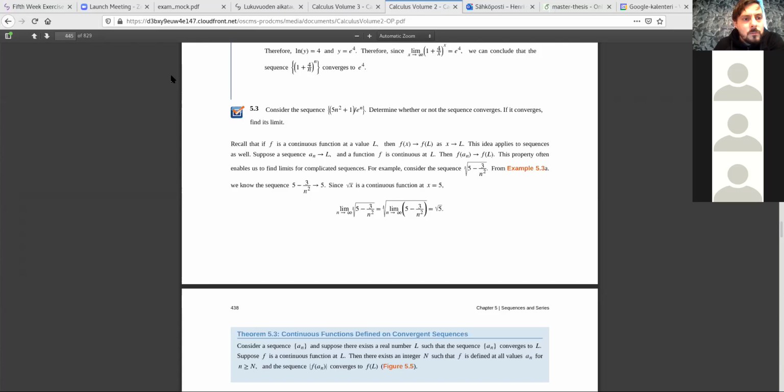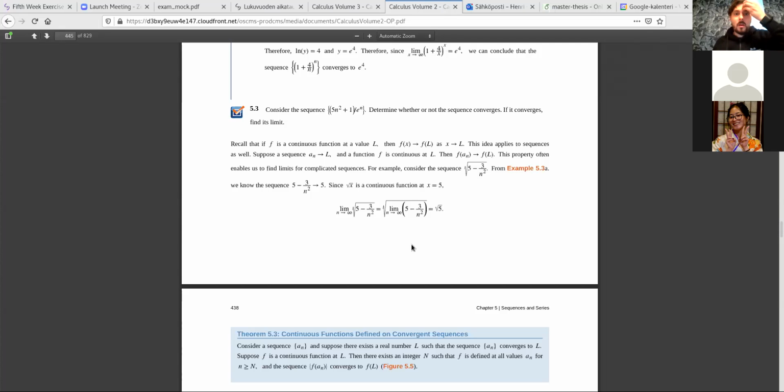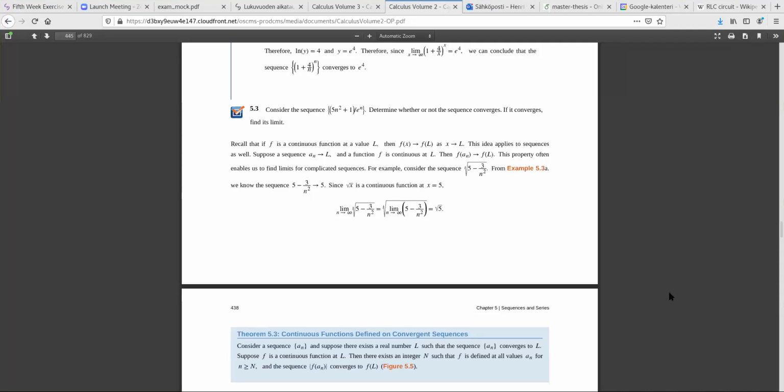Look, I'll just move these guys to these rooms. All right, and find the limit of that, (5n^2 + 1)/e^n, for a couple more minutes.